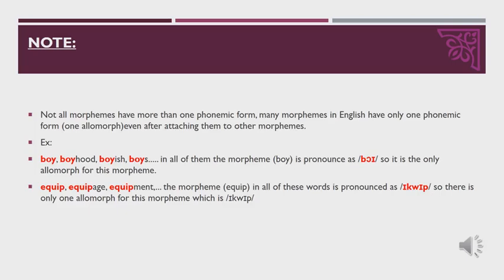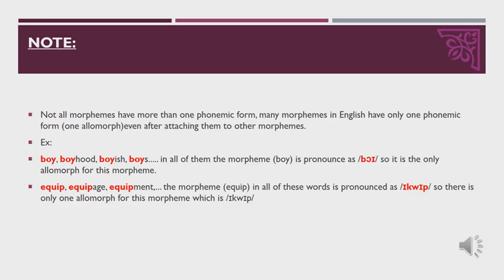Boy, boyish, the same allomorph, the same phonemic form. Boys, after adding the S plural, again, boy remains the same. The pronunciation of boy remains the same. So boy, boyhood, boyish, boys, in all of them, boy is pronounced the same, which means that the morpheme boy has only one allomorph, even after attaching some derivational or inflectional suffixes to this morpheme.